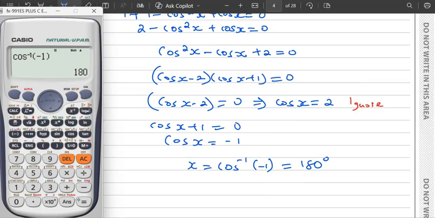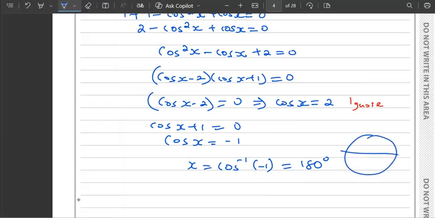Based on the unit circle, if this is 0, this is 180, and of course this is 90, this is 270.